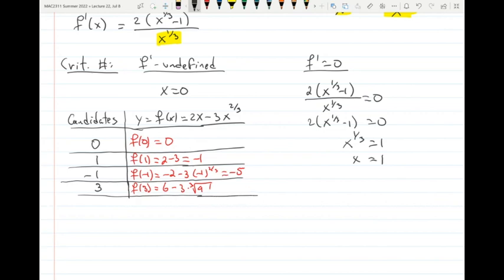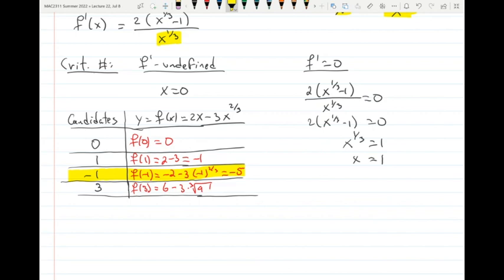At this point you could just use a calculator, but let's see. First of all, the cube root of 9 is less than 3, so that means this number is positive. So we definitely already have our lowest value, found here, which is negative 5.